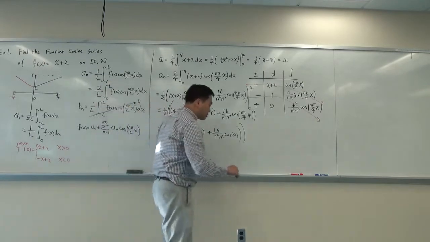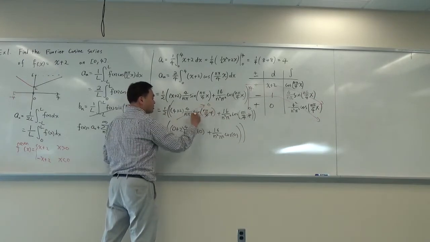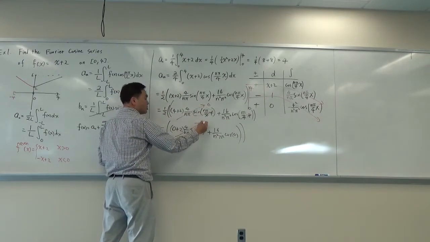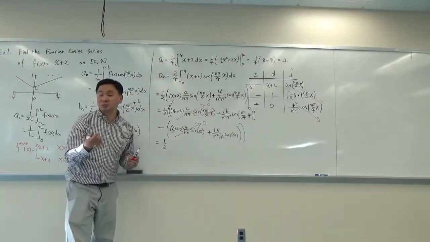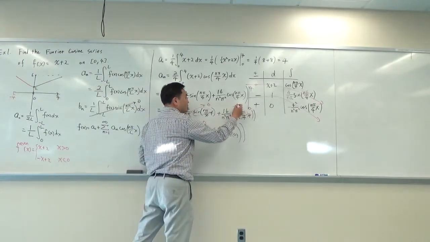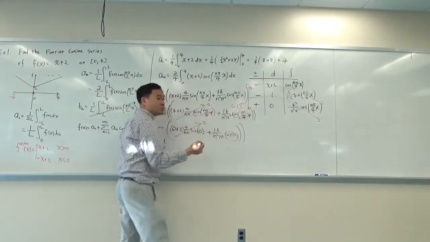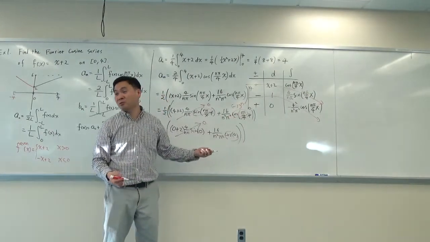From our discussion, we know that sine n pi is 0, so that's 0. Sine 0 is 0 because that's like sine n pi with n being 0. Cosine n pi is negative 1 to the nth power, and cosine 0 is like cosine 0 pi.